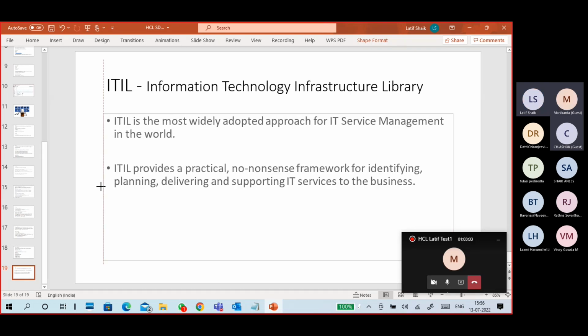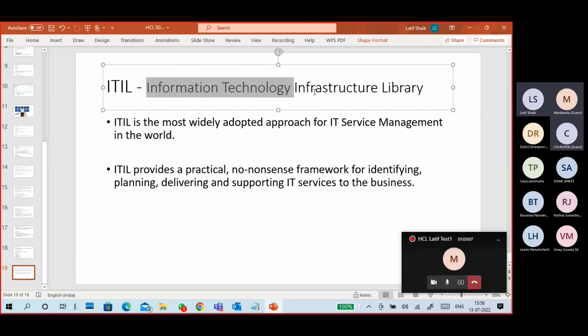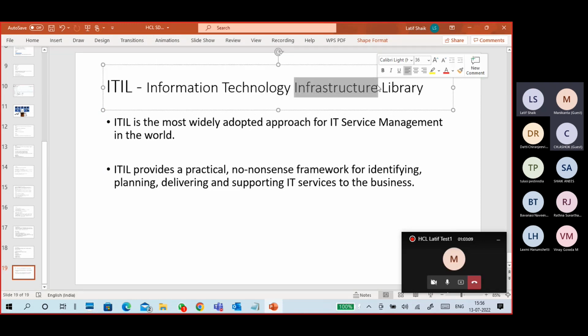IT Infrastructure Library. Infrastructure means in your organization you have infrastructure, right? Computers, laptops, network devices, routers, switches, cables, servers, data centers, storage devices. These are entirely infrastructure.